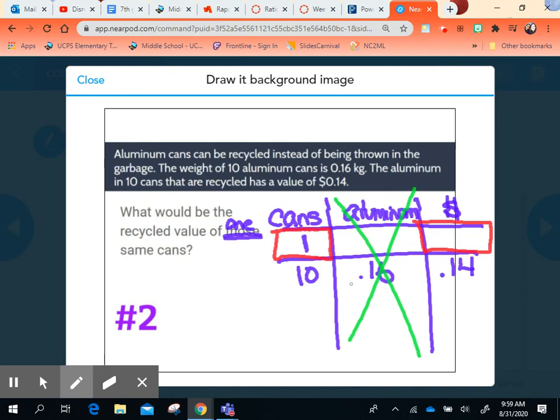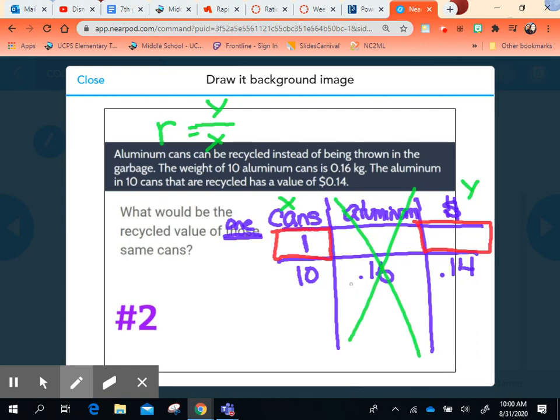So let's say the first method that we talked about doesn't work for you. Another way to find our unit rate, if this is x and this is y, is doing y divided by x. It's the same thing we would do if we were going up and down in our table. So if I was going to take y divided by x, I'm taking 0.14 divided by 10.